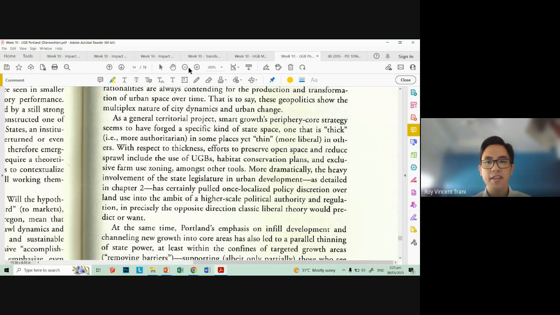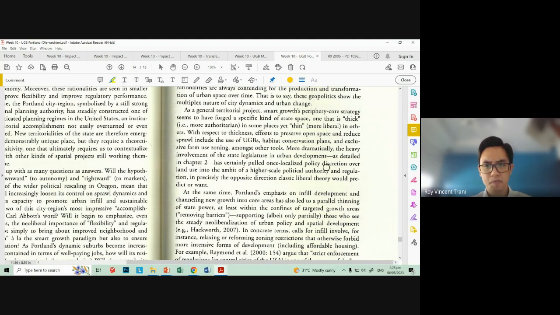Basically, this paragraph here just talks about urban growth management, conservation plans, and exclusive farm zoning supported by state level, or in the case of the Philippines, regional level policy.